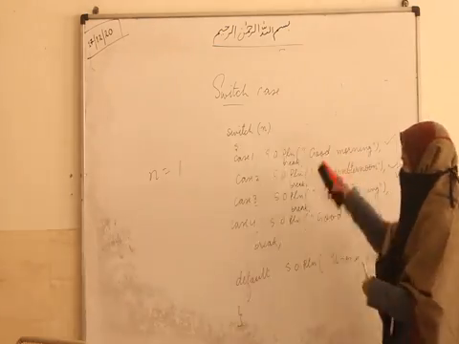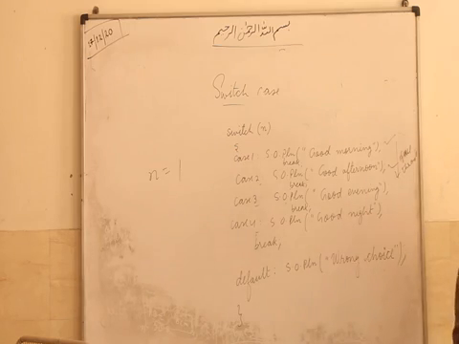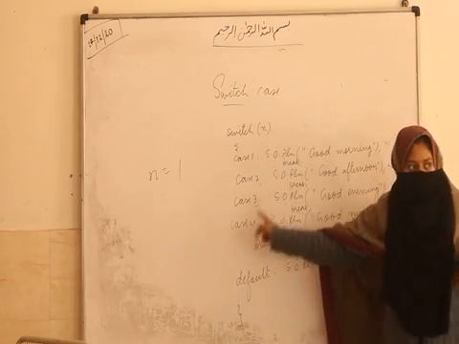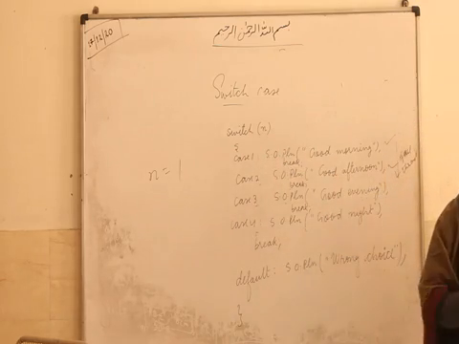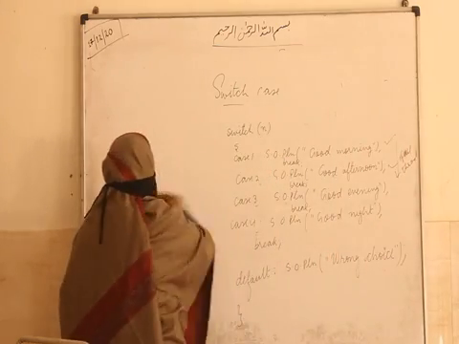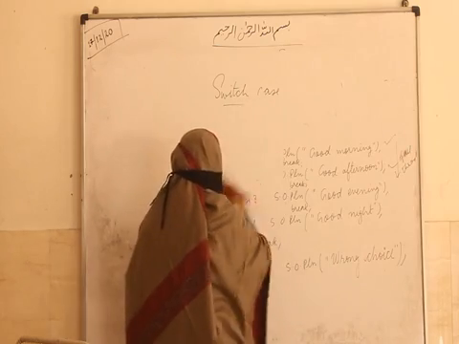Now, this was an example taking the variable as an integer. Here the variable is what? Integer only, na? Because the value of the variable is 1, 2, 3. Now I am giving another example where I am giving the value of variable as character.